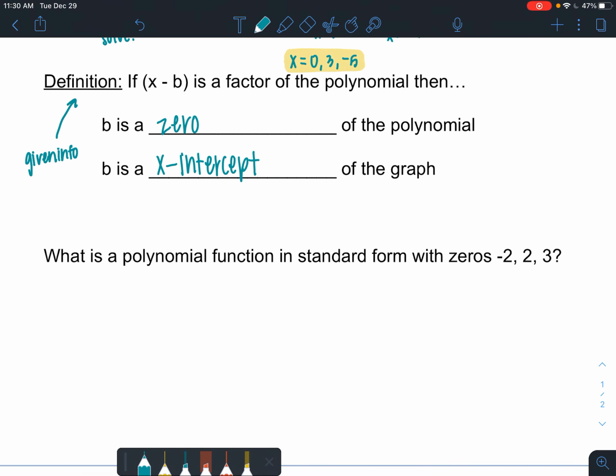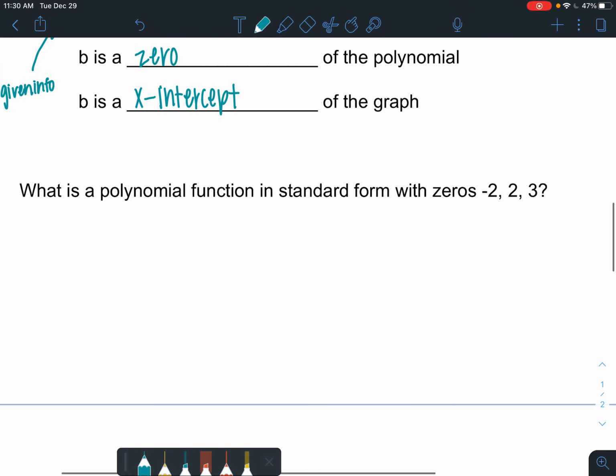So here it says it has these zeros. So these are factors. Okay, so it says, what is the polynomial function in standard form with the zeros negative 2, 2, and 3?